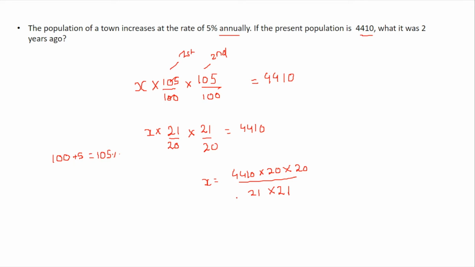After you solve this entire calculation, after cutting and applying the calculation part, the answer that comes out is 4000. So the population of the village 2 years back was how much? 4000. And for the next 2 years it increased by 5%. So if you take 4000 and multiply it by 105, this comes out to be this.